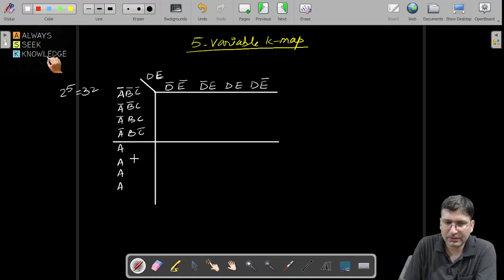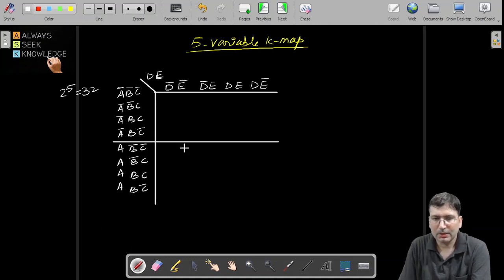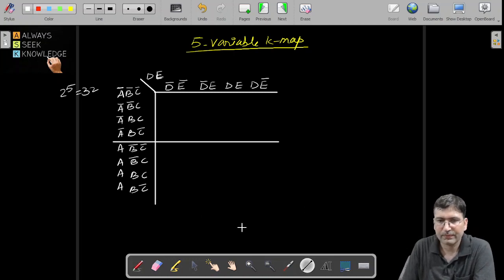Now here also with A we will write the same combinations, so B bar C bar, B bar C, BC and BC bar. So this will represent the 5 variable K-map.